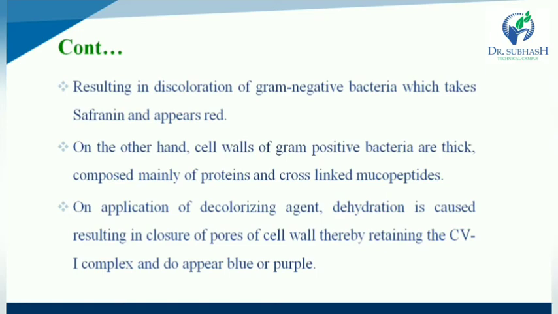So what is the difference between gram positive bacteria and gram negative bacteria? Gram positive bacteria have a thick cell wall composed mainly of protein as well as cross-linked mucopeptide, while gram negative bacteria are made up of a thin cell wall. Gram positive bacteria appear blue while gram negative bacteria appear red. Why?